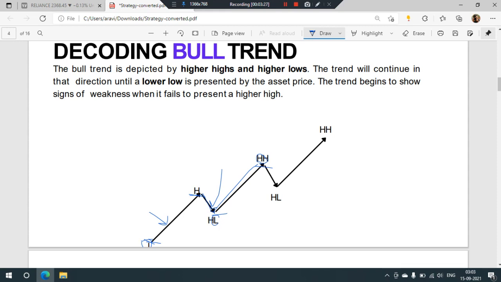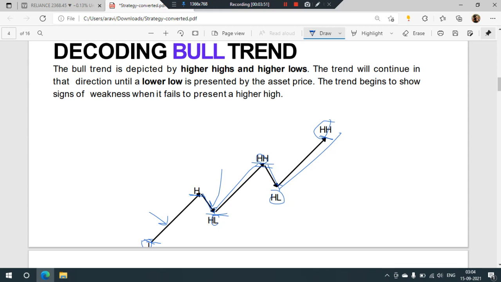Similarly, the market retraces or corrects and then forms another impulsive move. Now this high is higher than this high, so it's a higher high, and this low is higher than this low, so it's a higher low. So this is the basic representation of a bull trend.